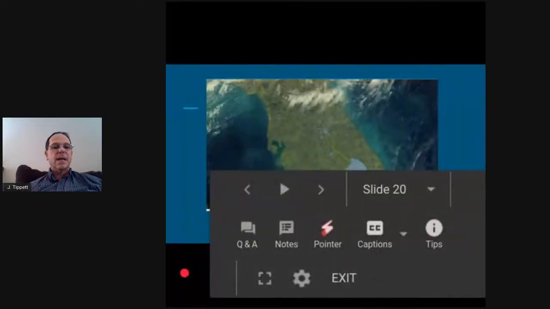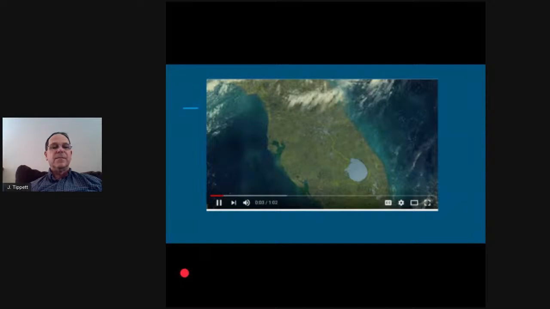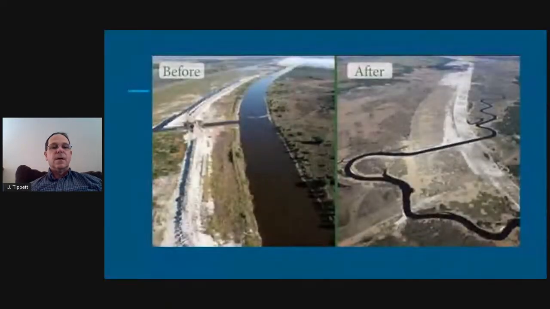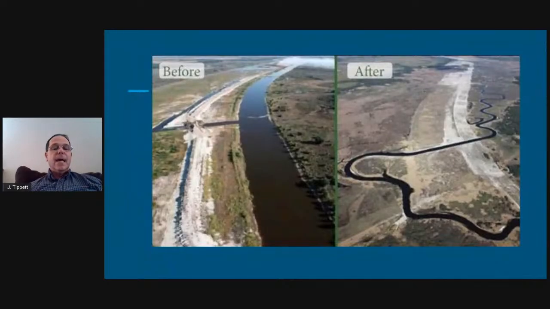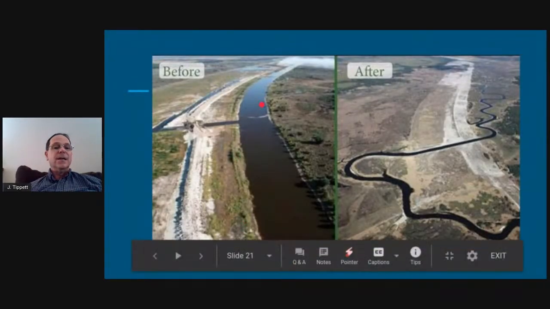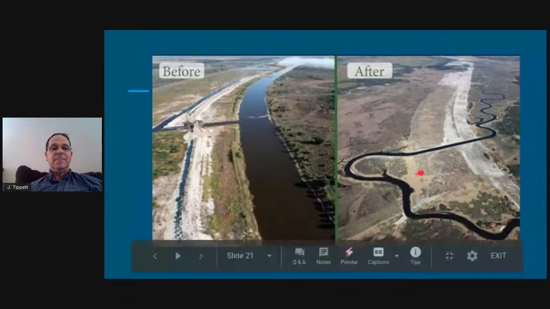So it was a hard lesson to learn and a really, really expensive lesson. So the federal government stepped back in and said, we need to undo what we did. And so you can see here, here's the channelized Kissimmee, and then they came back in and undid the channelization and recreated the natural system again.